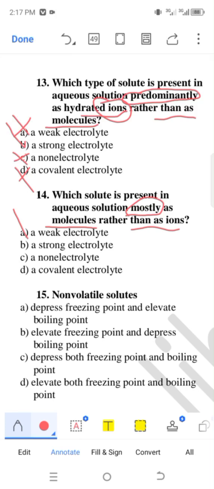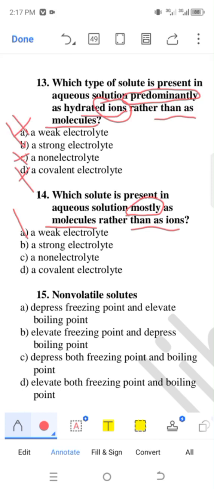Of course, whenever we add a non-volatile solute into the aqueous solution, they elevate boiling point and osmotic pressure, and they depress vapor pressure and freezing point. So according to the relation between molality and the colligative properties, we would be able to answer the question.